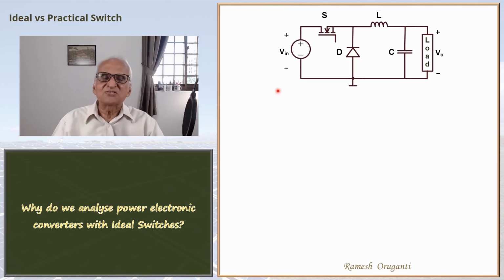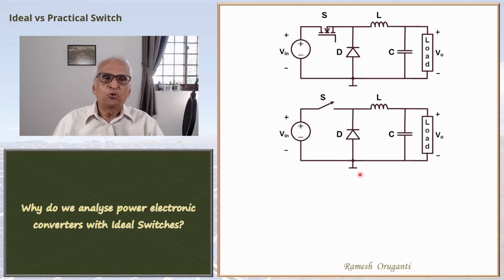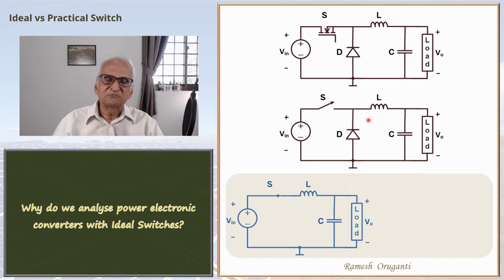So in most cases, we simplify by replacing the power MOSFET with an ideal switch. Once you replace it with an ideal switch, you notice that when the switch is on, the diode is off, and you get this circuit. Relatively simple circuit to analyze.